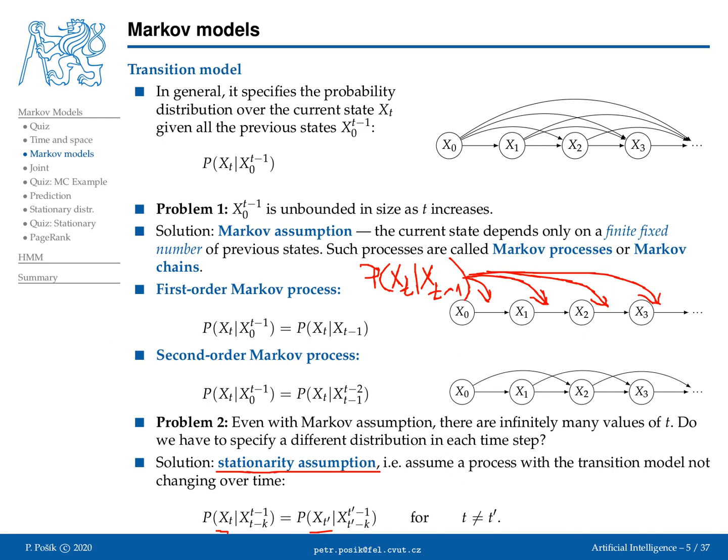And thanks to these two assumptions, the Markov assumption and the stationarity assumption, we have a class of tractable models, models that we can specify quite easily. We can reason about them quite easily, and they still have practical value, meaning that you can apply them to modeling practical tasks.